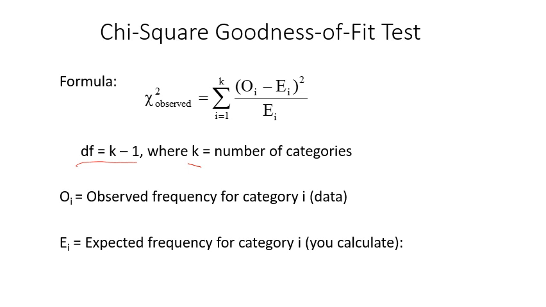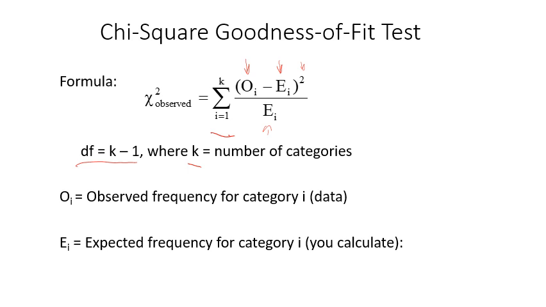Now, this formula you see here is actually pretty simple. What this is saying is you're going to have the sum of all observed minus expected, squared, divided by expected.